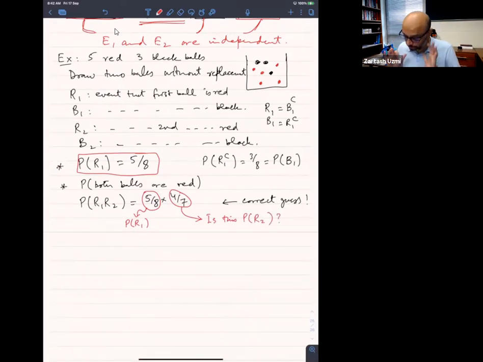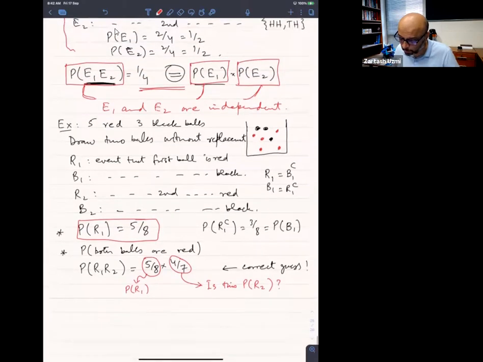Well, now think about it. Above we talked about independence. We said that when two events are independent, then the probability of their intersection is equal to the product of individual probabilities.